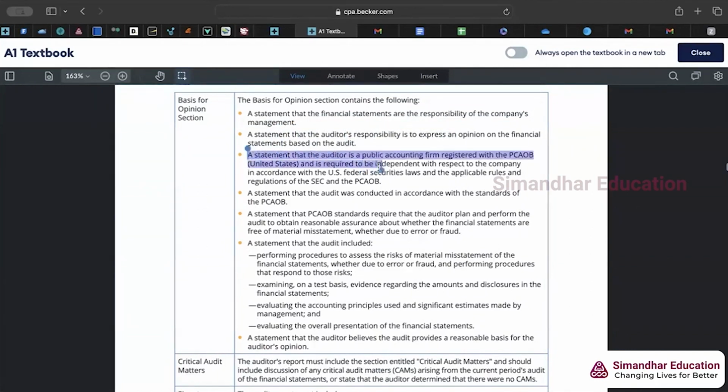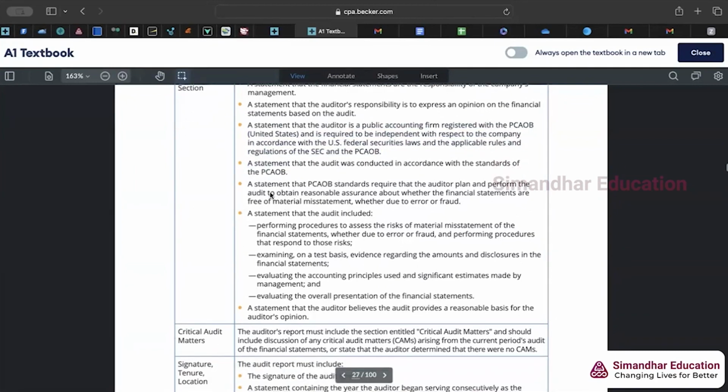A statement that the auditor is a public accounting firm registered with the PCAOB and is independent in accordance with the rules. Here you will give the SEC and PCAOB reference. There you have no reference to SEC and PCAOB. A statement that the audit was conducted in accordance with PCAOB standards.